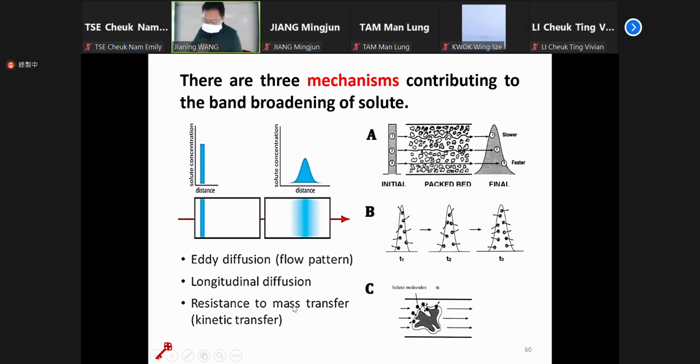We divide them into these three mechanisms because we can treat these three independently, and each term represents a different viewpoint of what affects the band broadening, and through studying these three mechanisms, we can find corresponding methods to minimize the effects.